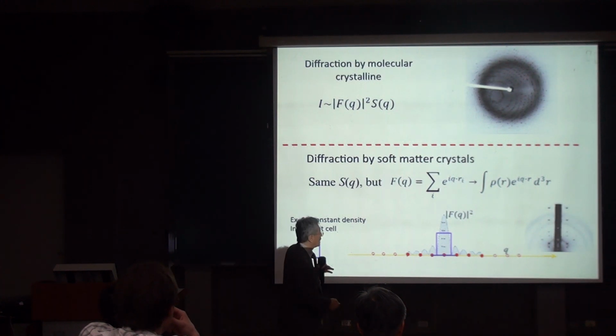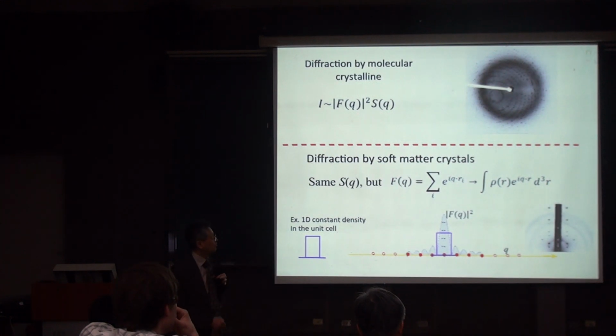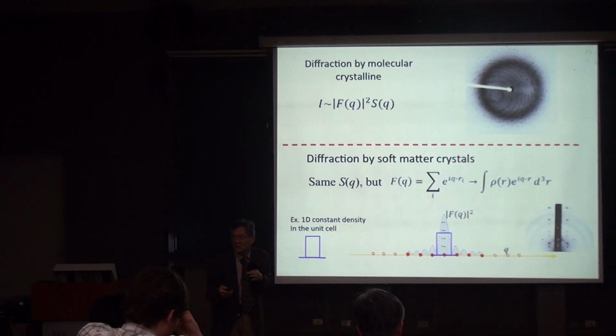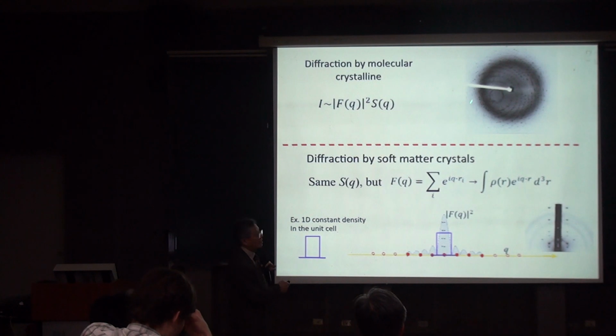Well, we found out that actually it's very hard to solve this phase problem, because even though there are a lot of tricks for solving the complicated phase problem, the reason you have all those tricks is because the unit cell of proteins is asymmetric.